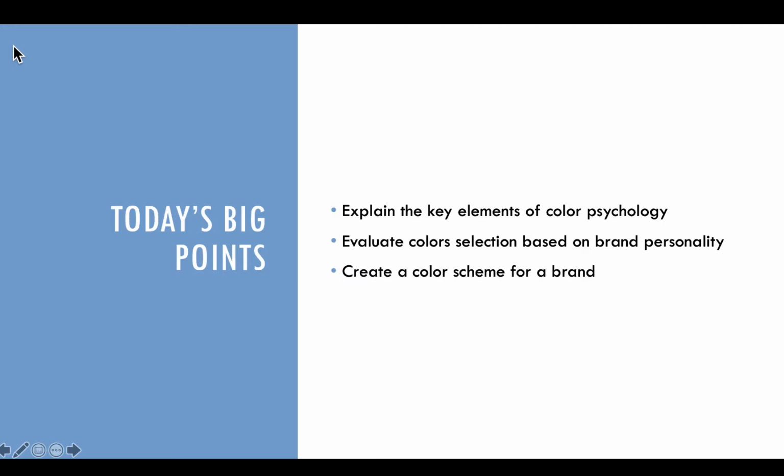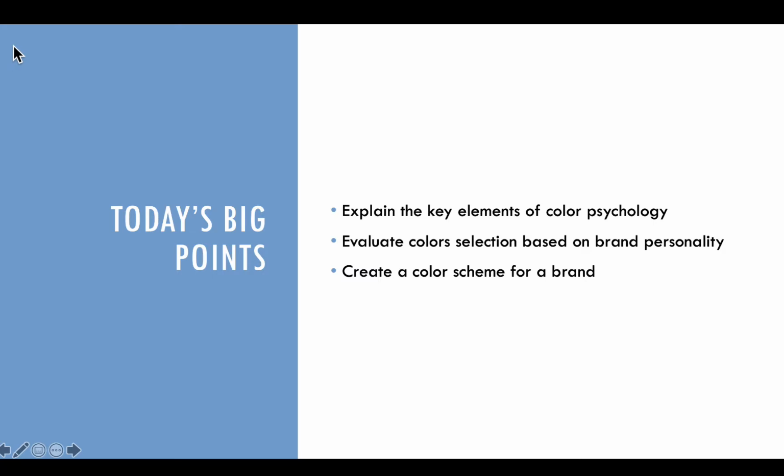There's a few things that I want you to take away from today's discussion and from the module that we're working through for branding strategy. I want you to really understand the key elements of color psychology that we'll be walking through today, and you'll be doing a number of readings and watching some videos that are loaded into Canvas.